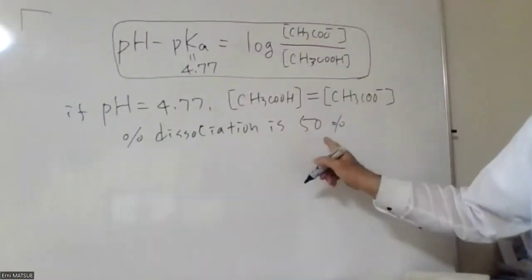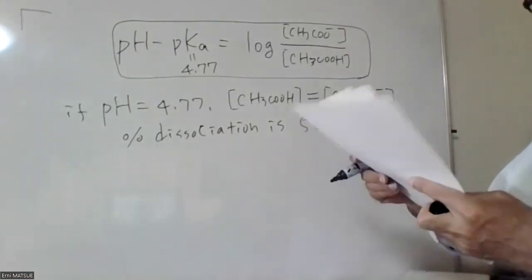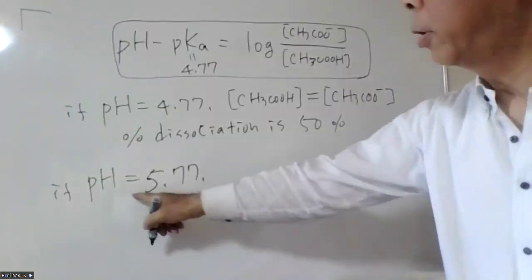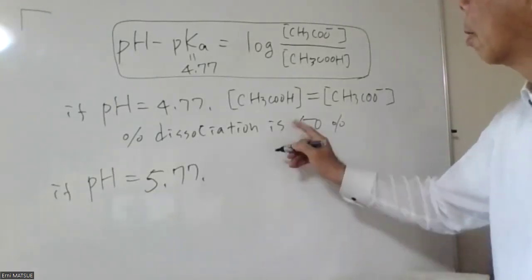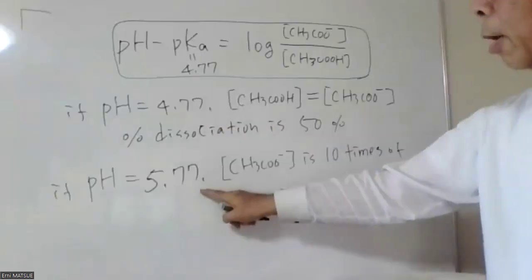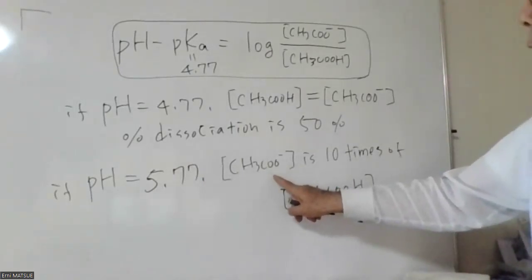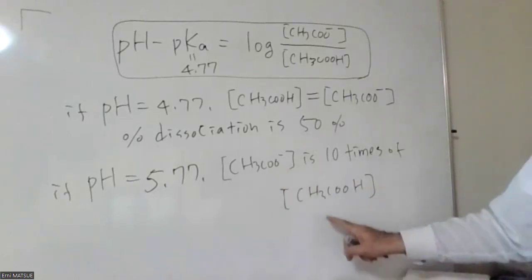The dissociation percentage is 50%. When pH is 5.77, the log ratio is plus 1, so the dissociated species is 10 times more than the undissociated.